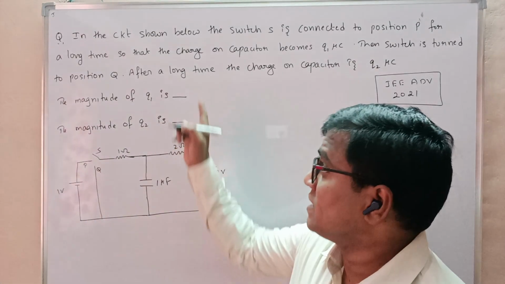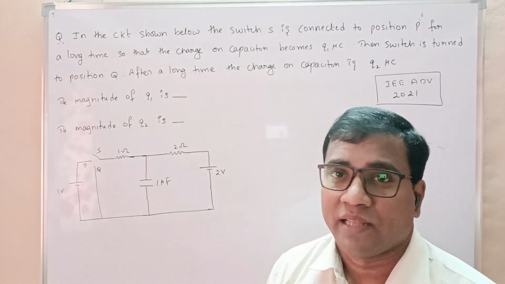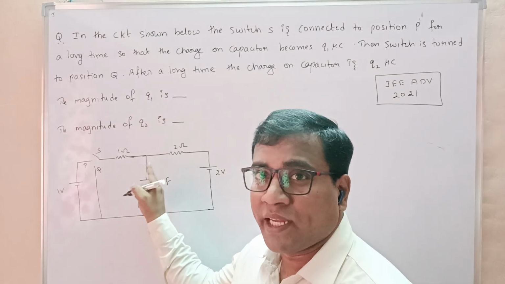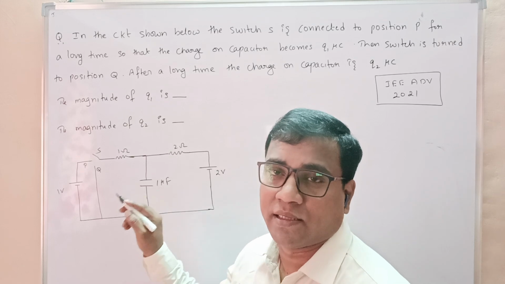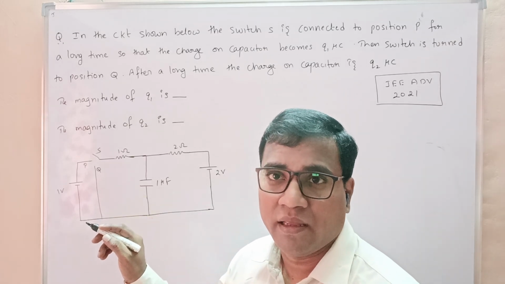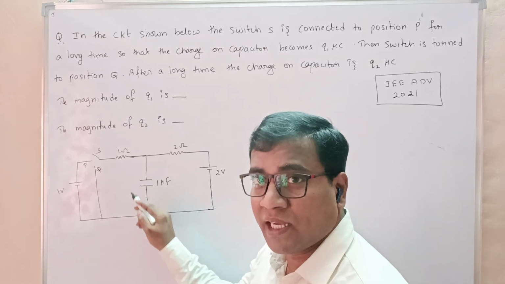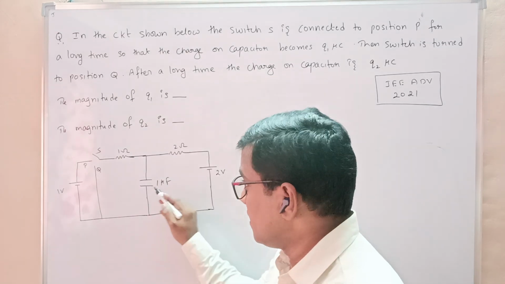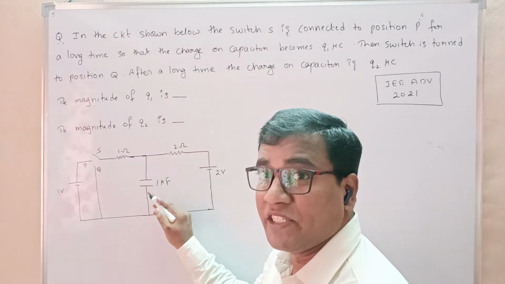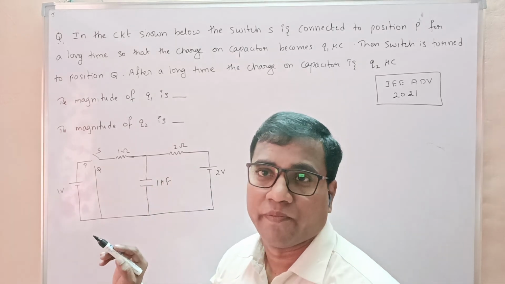In both cases he says after a long time, which means the capacitor is fully charged. When the capacitor gets fully charged, there will be no flow of charges in this section, which means the current in this section is 0.